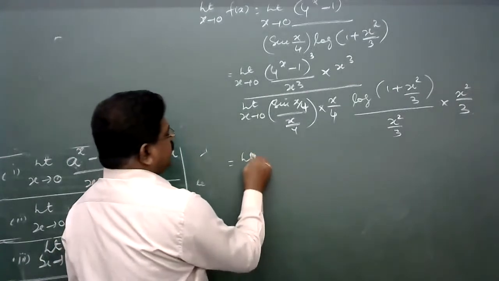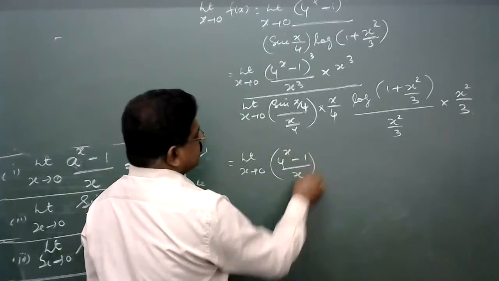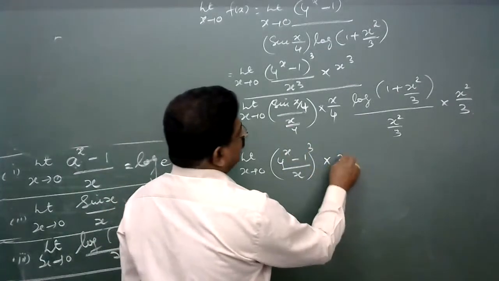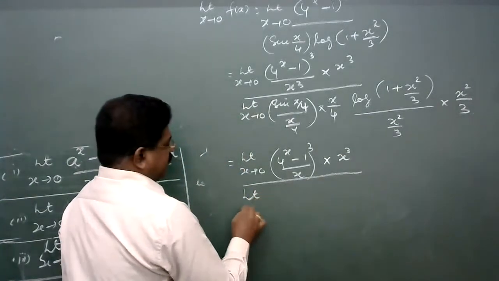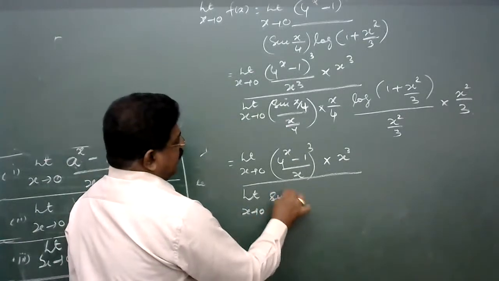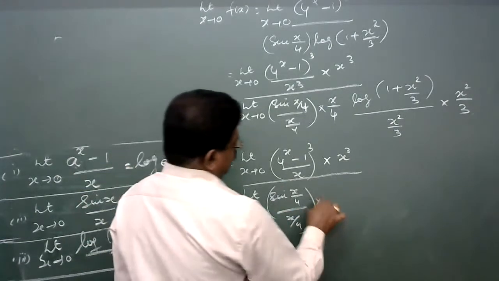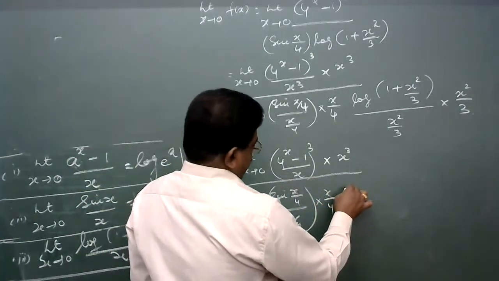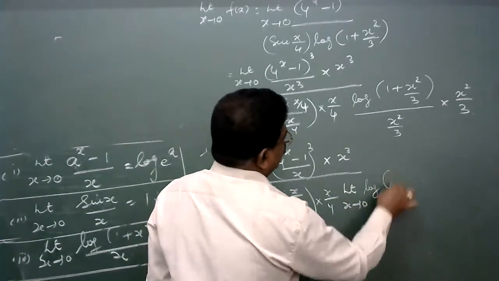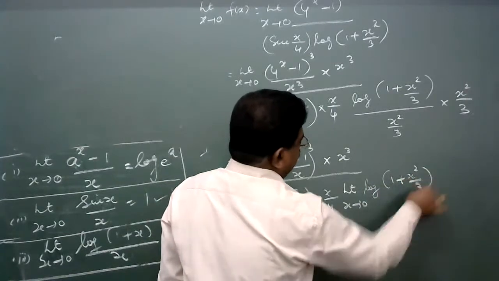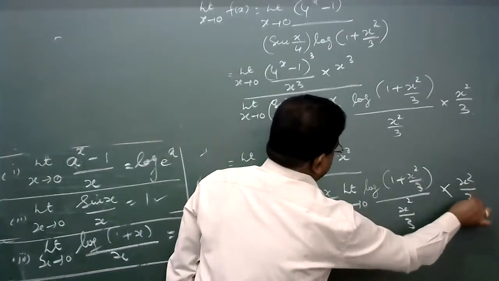Now this is equal to the limit as x tends to 0 of (4 to the power x minus 1 whole upon x) whole to the power 3 into x to the power 3, the whole upon the limit as x tends to 0 of sine of x by 4 upon x by 4 into x upon 4, and the limit as x tends to 0 of log of 1 plus x squared upon 3, the whole upon x squared upon 3 into x squared by 3.